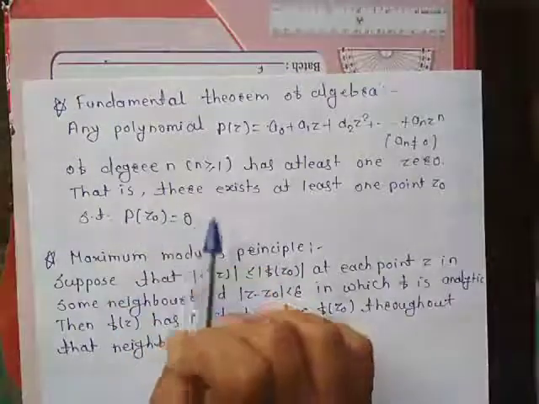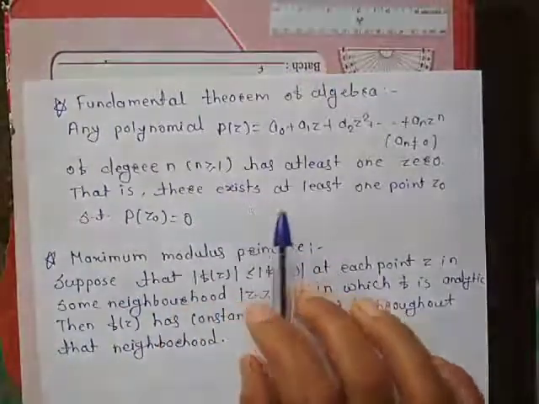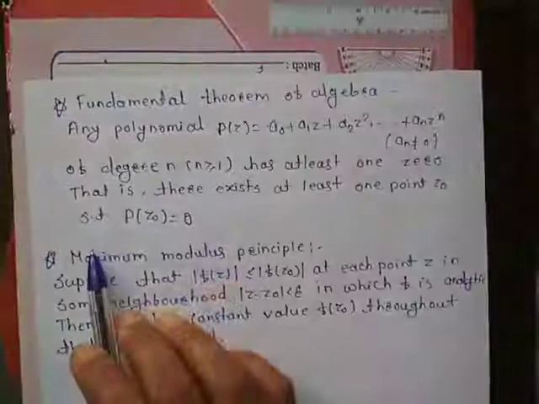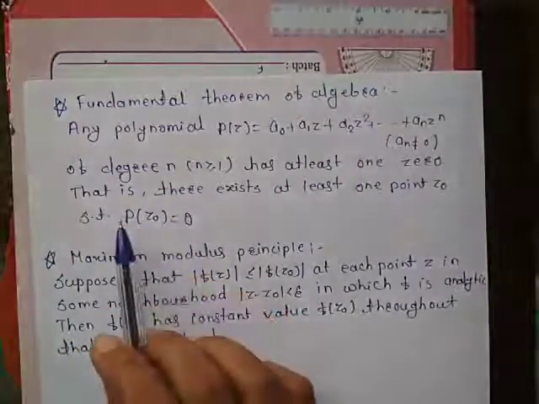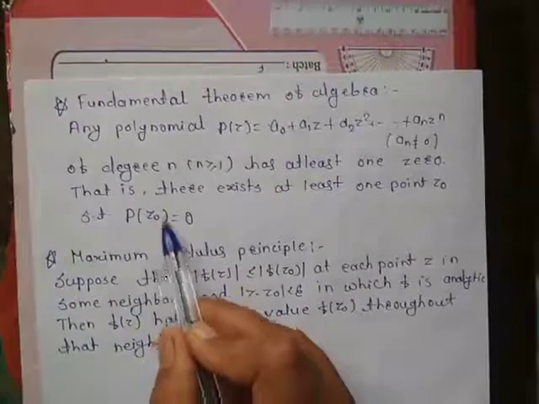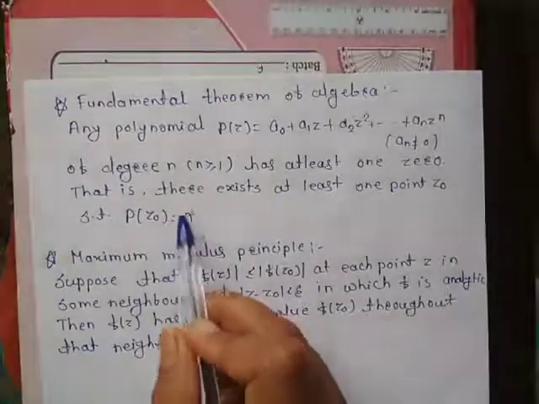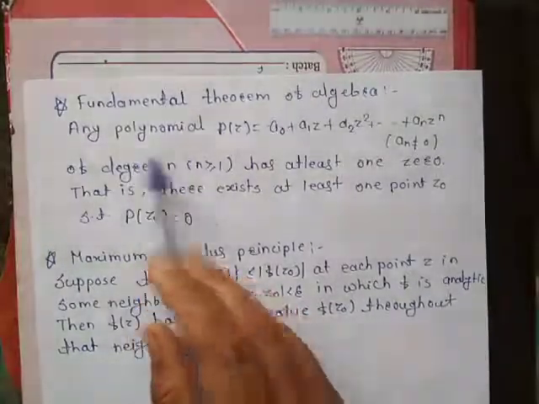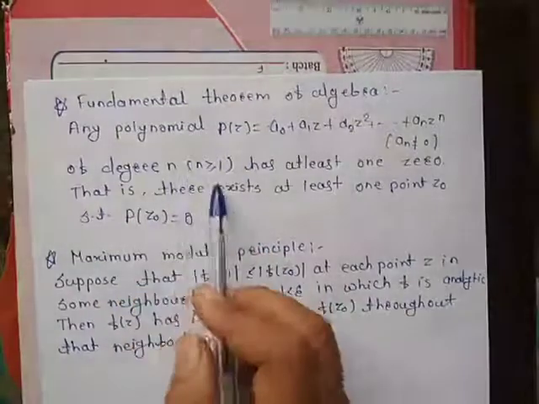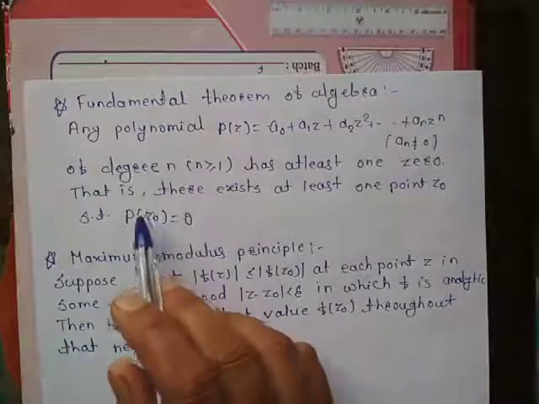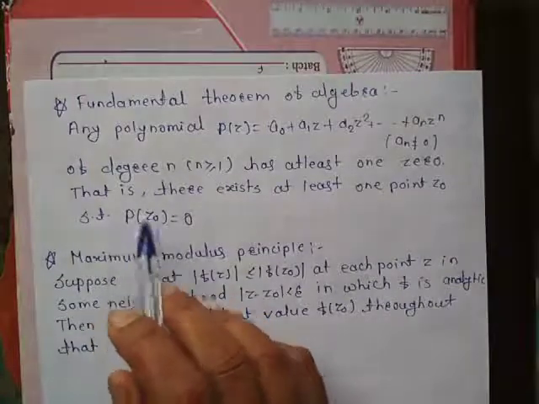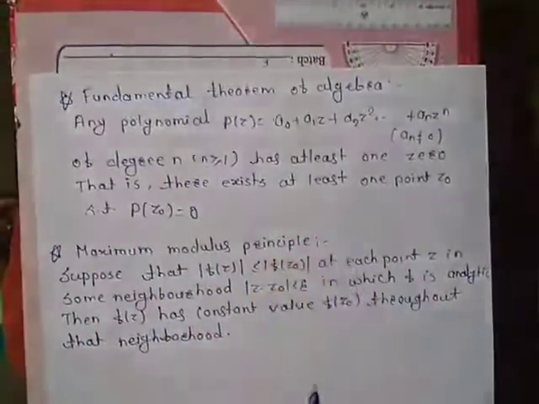At least one zero means there exists at least one point z0 such that p of z0 equals 0. That is, at the point z0 the polynomial becomes 0.